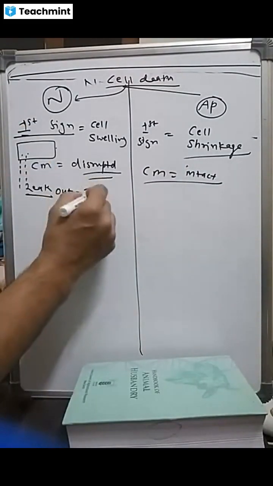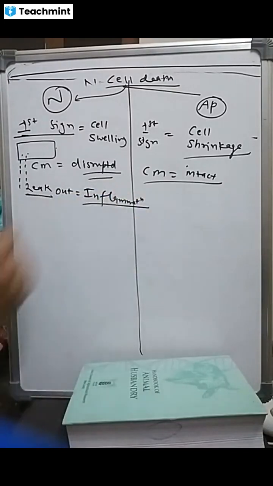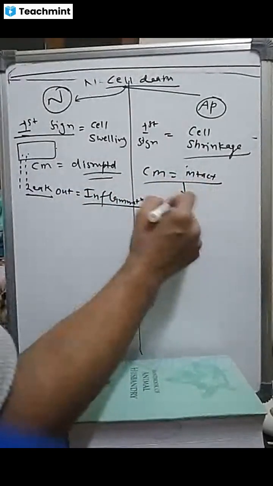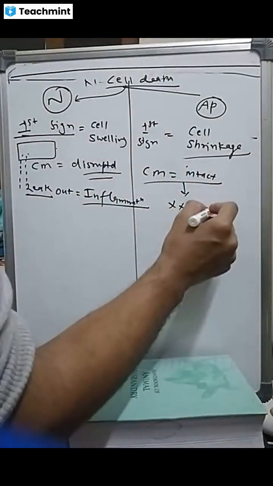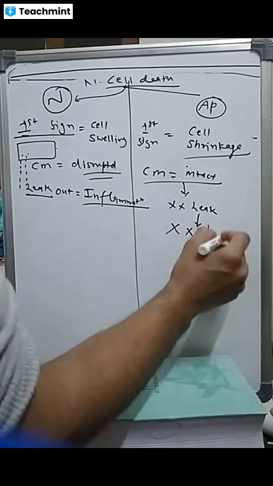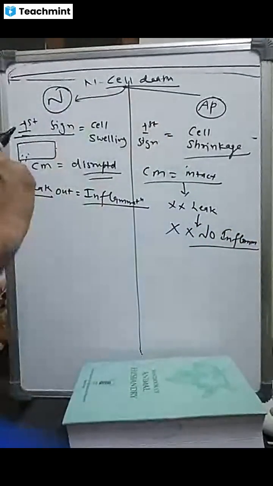Therefore, you will find inflammation. But in apoptosis the cell membrane is intact, nothing will leak out, so there is no inflammation in case of apoptosis.